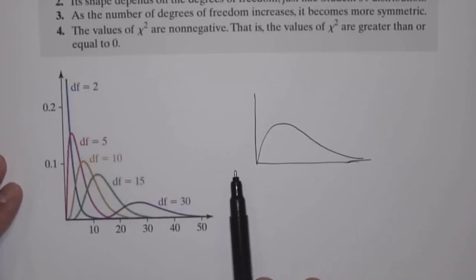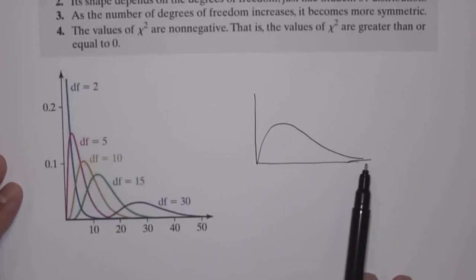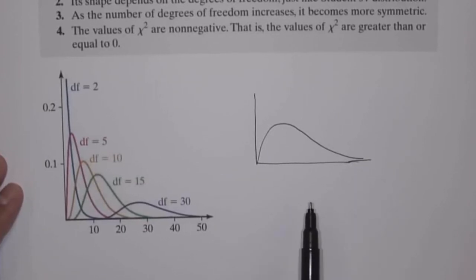We do not have negative values when we have a chi-square distribution. They will always be positive values. So when we look up critical values or when we find test statistics, they'll always be positive, never negative. Otherwise, the way our hypothesis test is going to work is going to be pretty similar to the hypothesis tests that we've seen previously.